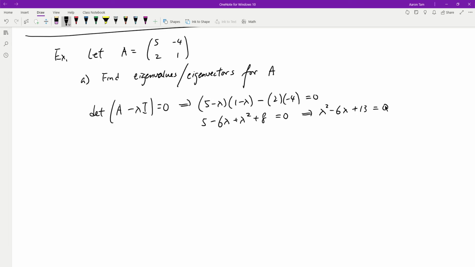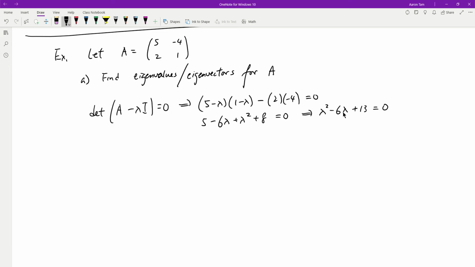So you can easily see the complex root in here. That will definitely be a complex root because 13 is a prime number, so there are no two numbers that multiply to give you 13 and add to -6; it's only 13 and 1.